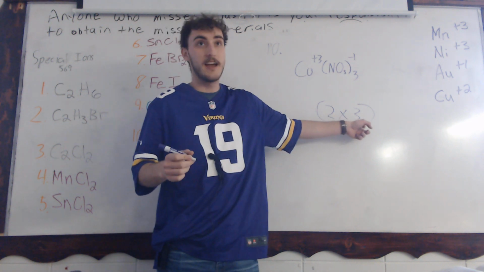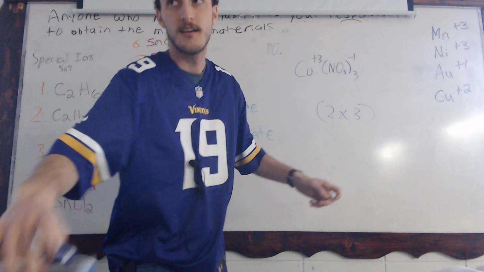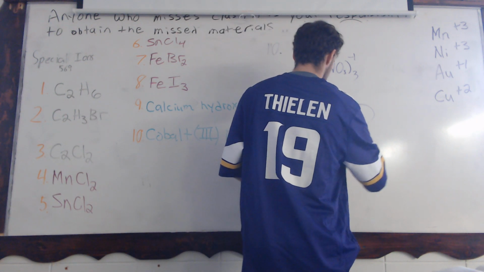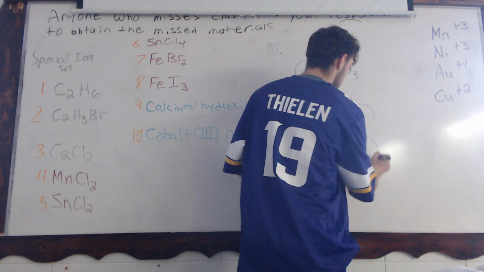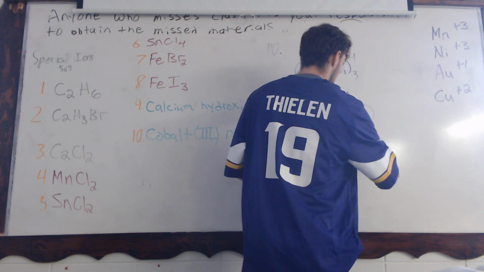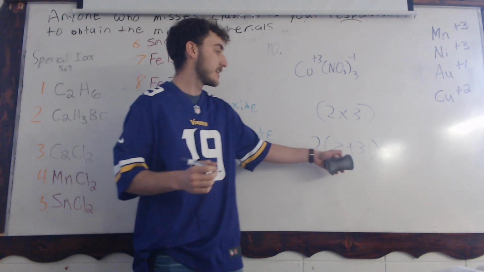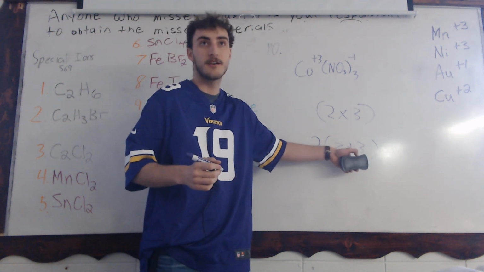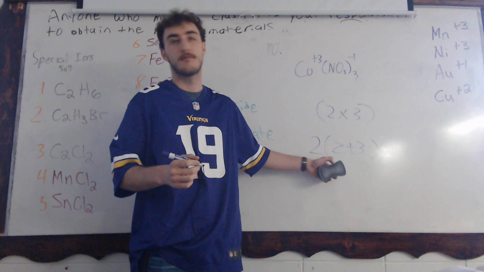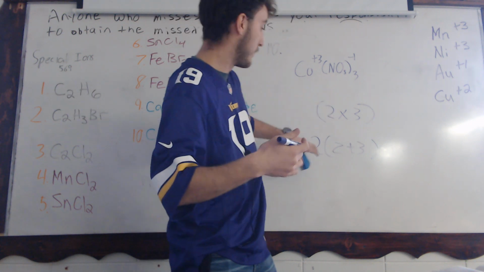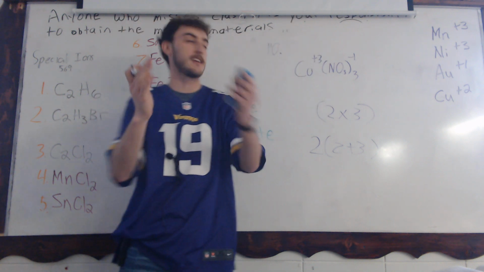It's 6, right? If I put the 2 outside of the parentheses, and then I go 2 plus 3, what does this equal? That means I have to add both of these first, and then I can multiply them. This is an example. I don't know if this helps, but the outside means it does it to everything inside.